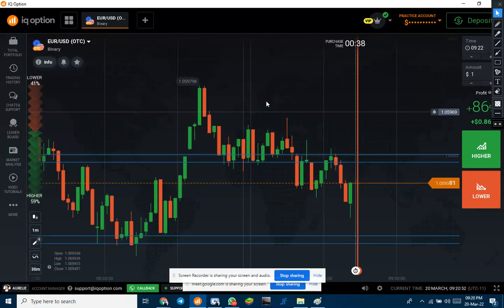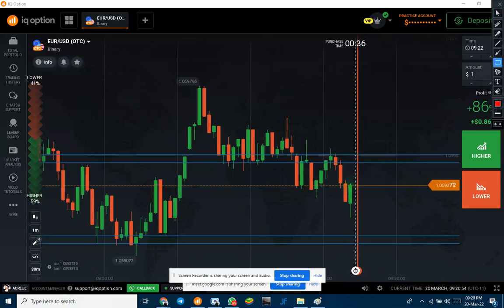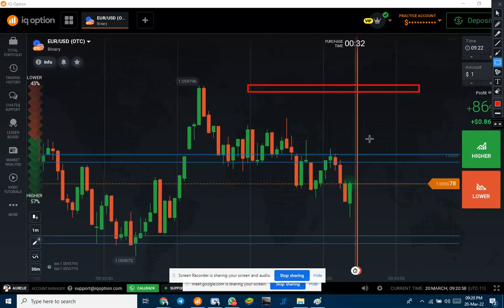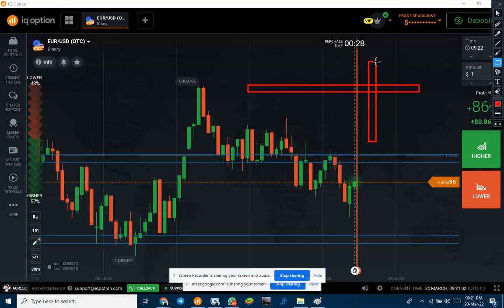Now, when I talk about an exhausted candle, I'm talking about, let's say, for example, this is a resistance, and immediately some candle just surfaces in the market, crossing the resistance. You see that the candle is being exhausted.